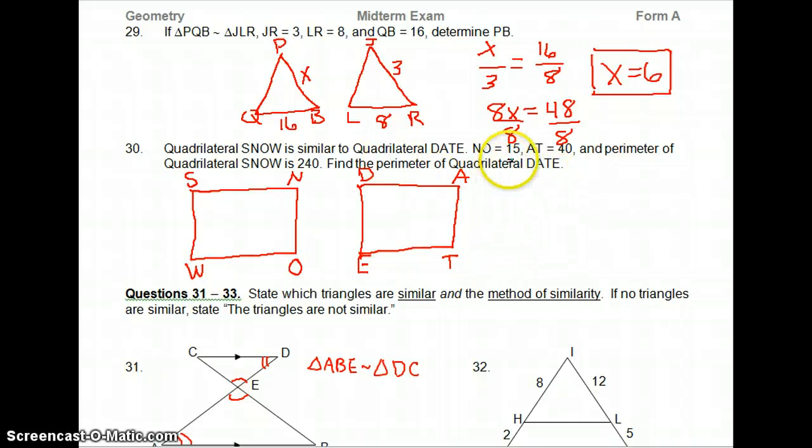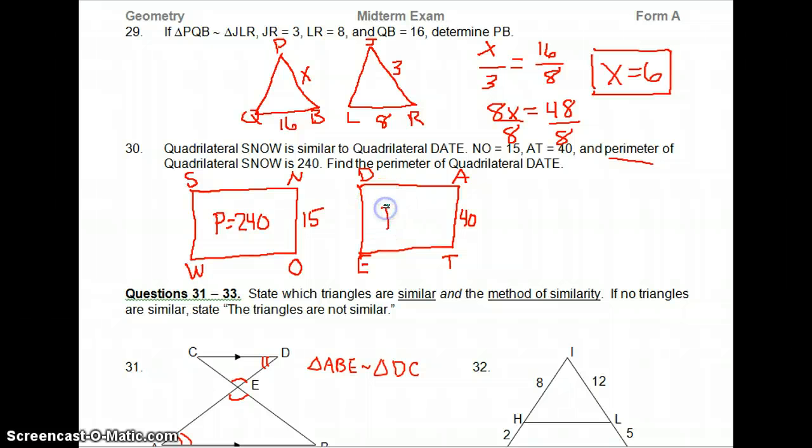Now we write down measurements. NO is 15. AT is 40. They give us the perimeter of SNOW is 240. I'm going to write that in the middle. Perimeter equals 240. And they asked us to find the perimeter of DATE.